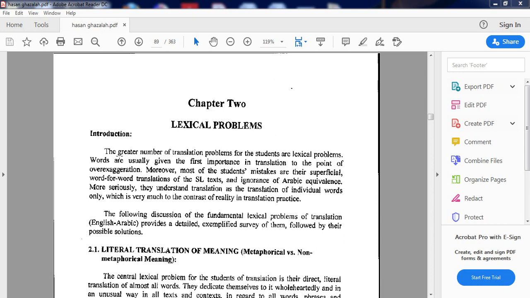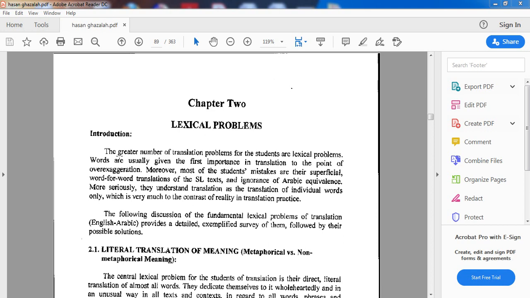As you remember, last year, when you studied linguistics, George Yule, there was a chapter related to semantics, and within that chapter there's a section called Lexical Relations.